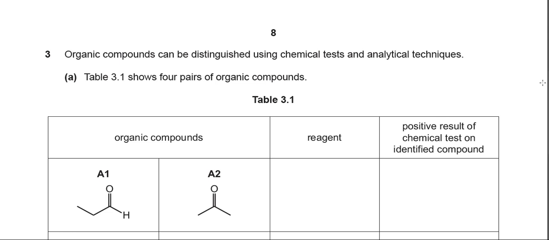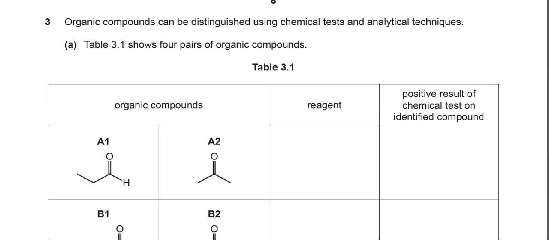Here is question number 3, which looks like it is from organic chemistry. We discussed a little part of organic in question 1 as well. Question 3 says that organic compounds can be distinguished using chemical tests and analytical techniques. Table 3.1 shows 4 pairs of organic compounds.